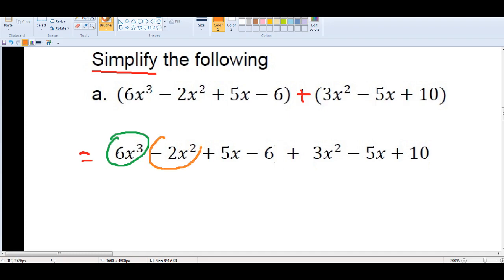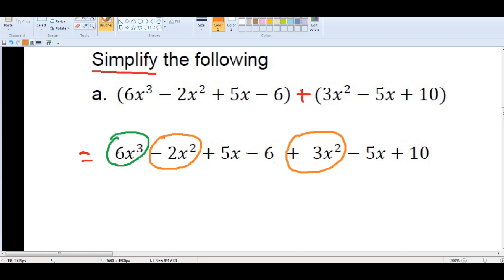When you consider a term, you consider the coefficient as well, that means the number in front of it and also the sign in front of the number. So for that term, you should not treat it as 2x squared, you should treat it as minus 2x squared, right? Do we have another term of x squared? Yes, here. This is another term. I circle them in color, so you see they are like terms.